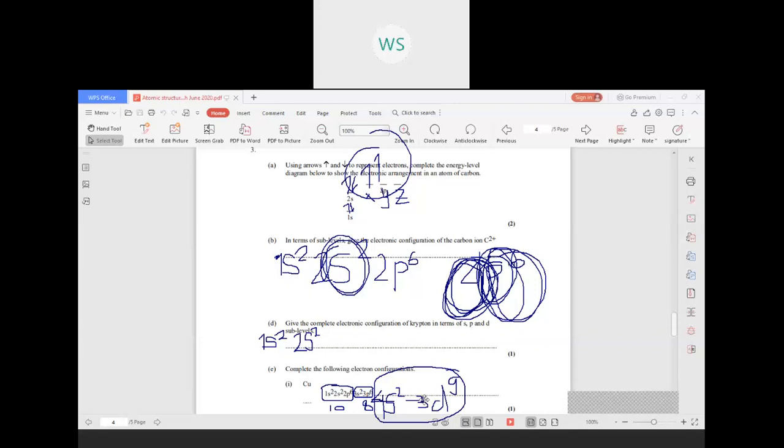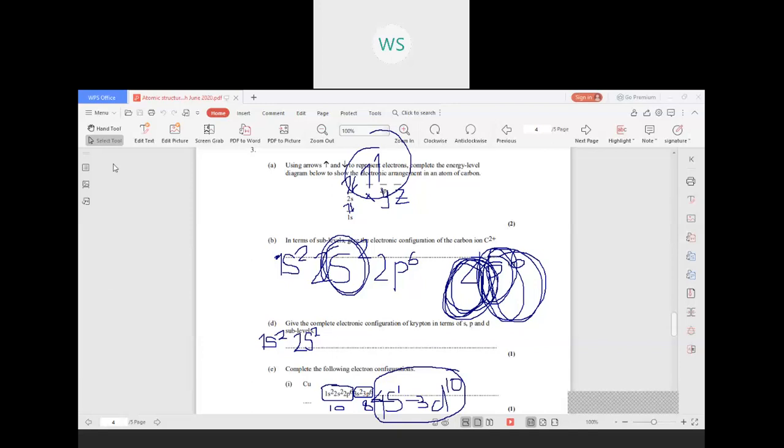So if 4 is in the outer shell, instead of 2, this one should become 1, and here it is not 9 but 10, based on the stability.